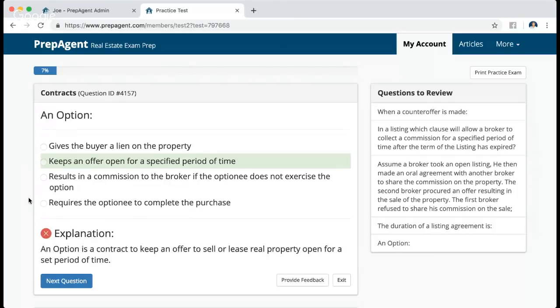And the answer is B, keeps an offer open for a specific period of time. Are options unilateral or bilateral? They are unilateral because there's only one promise involved. Good.